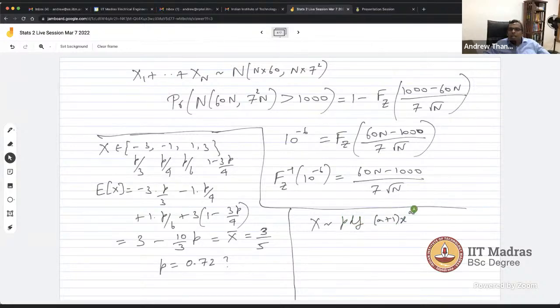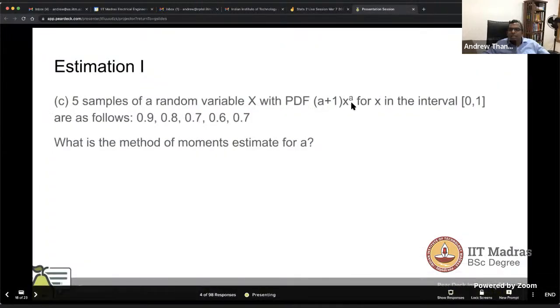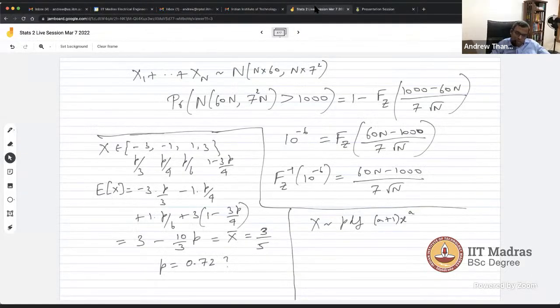This type of PDF is for x taking values between 0 and 1. You can easily push it to larger intervals or other intervals if it matters. And then x bar captures a certain behavior of x. So these are all things that you can know about. Now if you do the expected value of x, please go to the next page. Okay, let me do the next page.